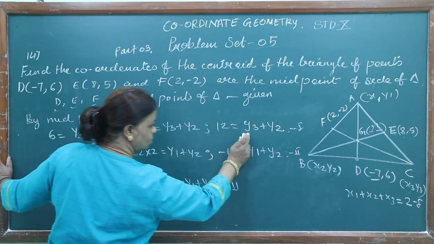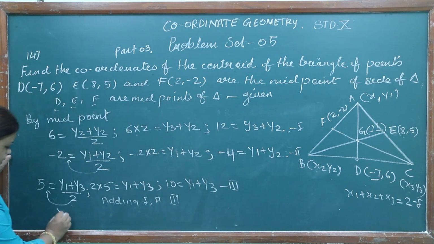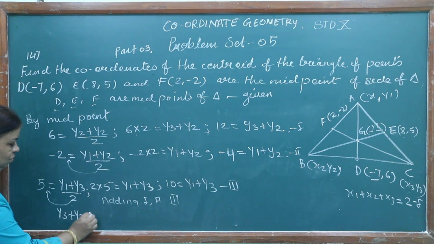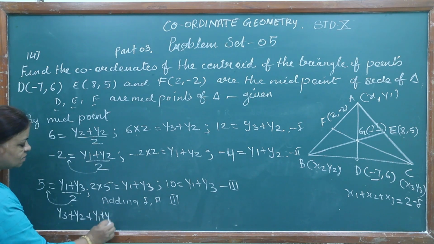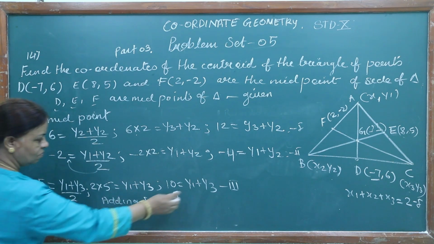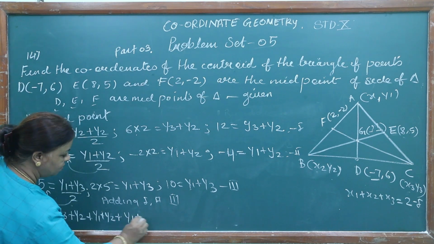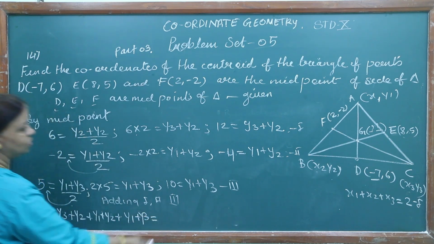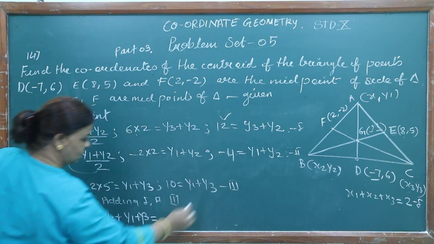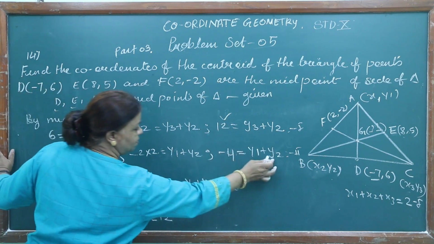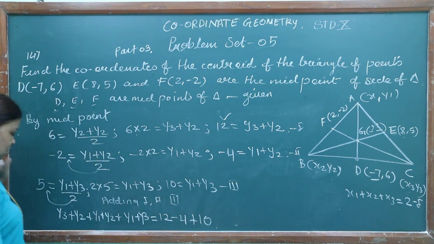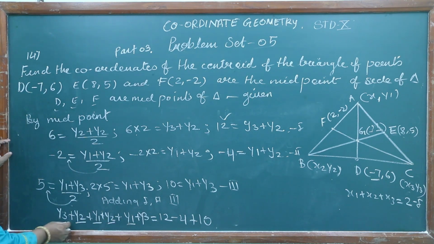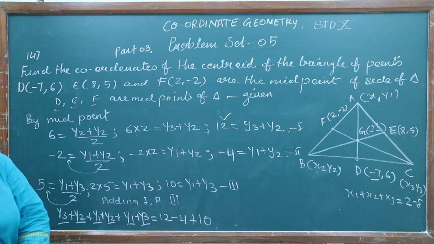When I add all this, y3 plus y2, see I am writing y3 plus y2 plus y1 plus y2 plus y1 plus y3 is equal to what? y3 plus y2 is 12, y1 plus y2 is minus 4, plus 10. Now see here, y1 is 2 times, y2 is 2 times and y3 is also 2 times. So let me rub at the top, children.